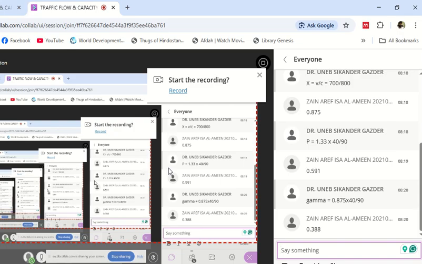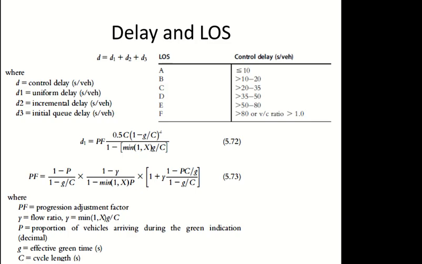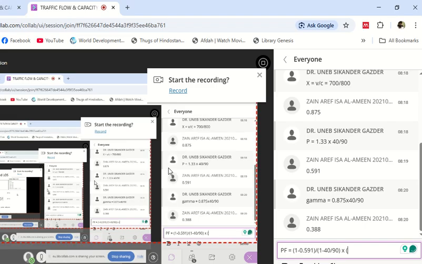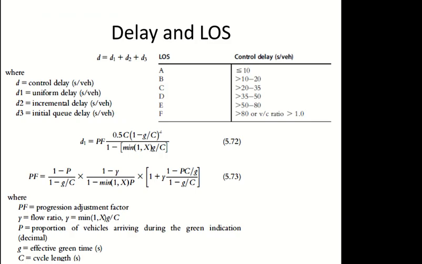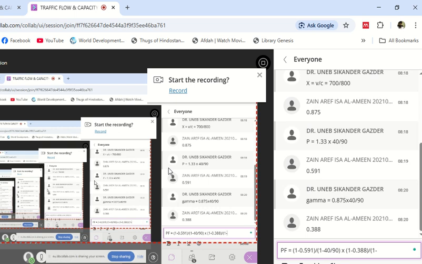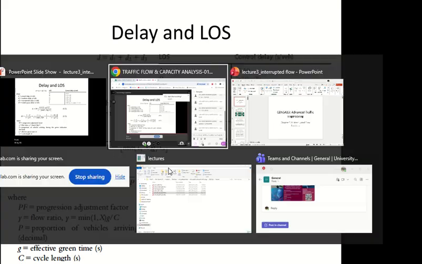Okay, so now we can move back. So I need gamma here: 1 minus 0.388, 1 minus 0.875, 40 by 90. Oh sorry, the P value.